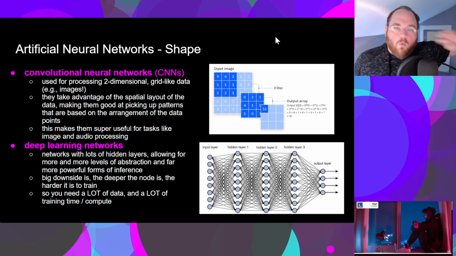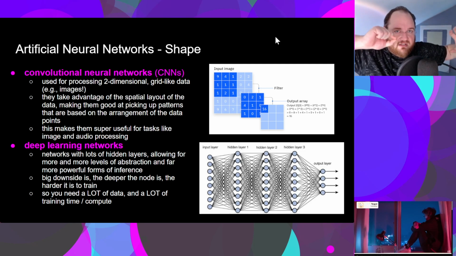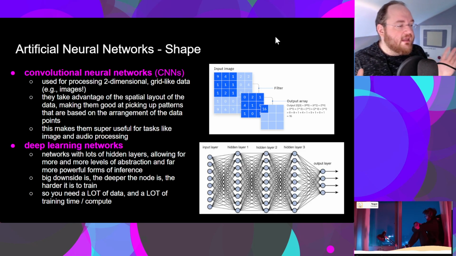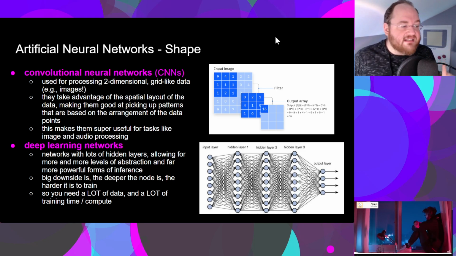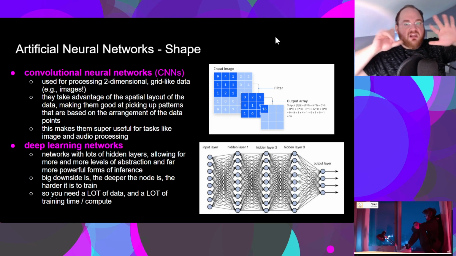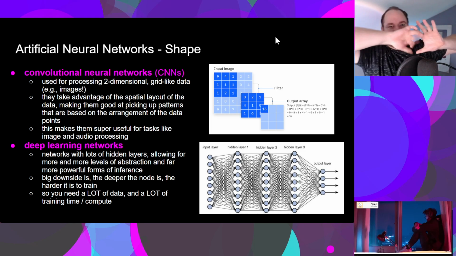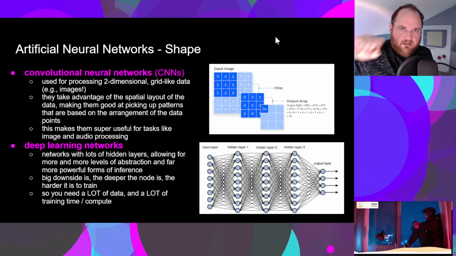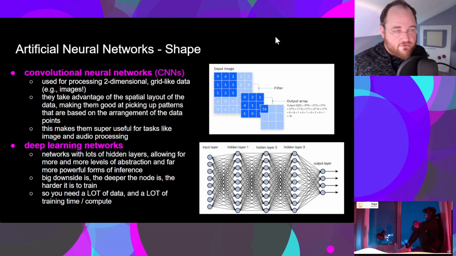Now, why are deep networks tricky? Because the deeper the node is in the network, the farther away it is from the input and also the output, which we'll see in a minute when we talk about learning, the harder it is to train. It needs a lot of data and a lot of training time to push the signal in and get these middle nodes to start doing things that you want them to do.